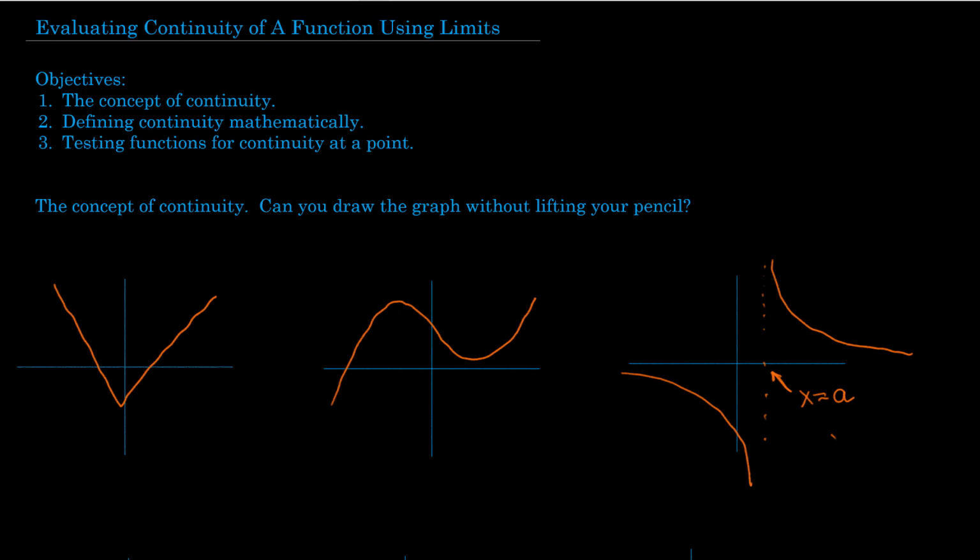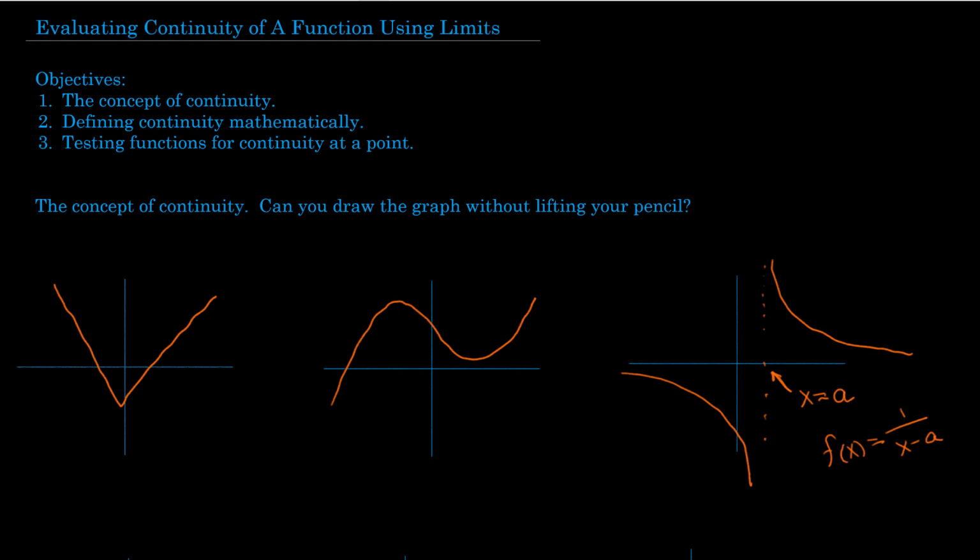The function of this would be something like 1 over x minus a. It doesn't have to be 1, it could be 2, 3, 4, whatever. Whatever this number for x is, this could be 1 or 2 or 5, that same number winds up down here in the denominator.